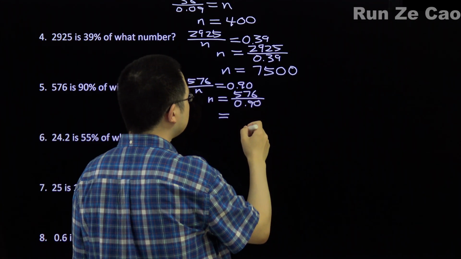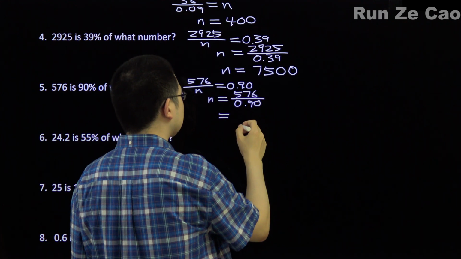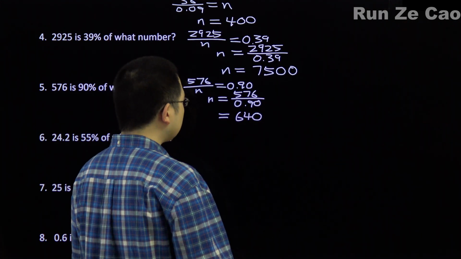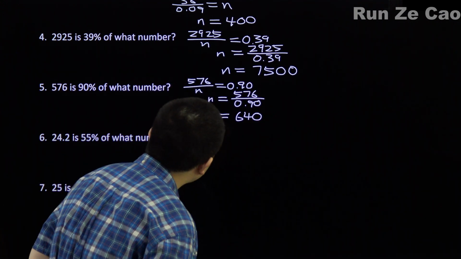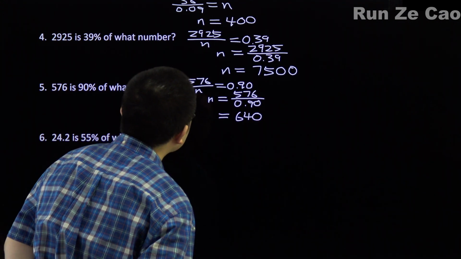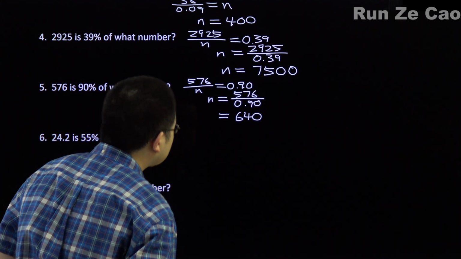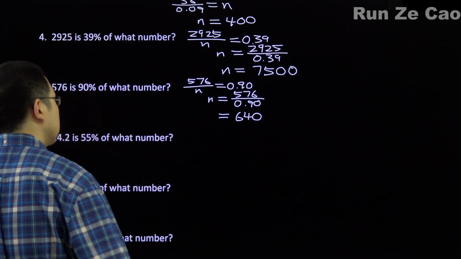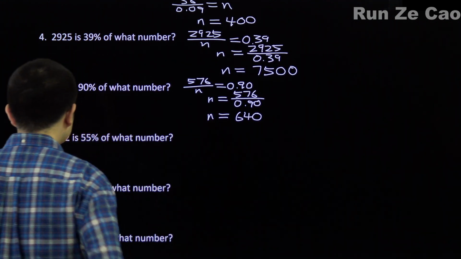And then 4 times 9 is 36. So we're looking at 640. And let's do the subtraction to see if it works. So 640 minus 64 would leave us with 600 minus 24. Okay, yeah, it's correct. Wonderful.